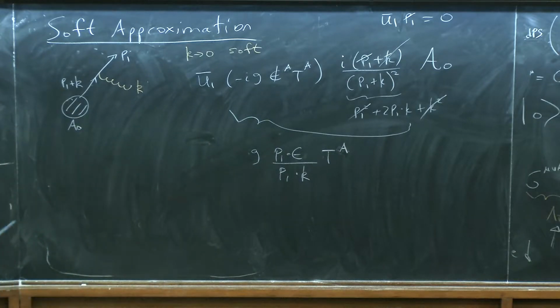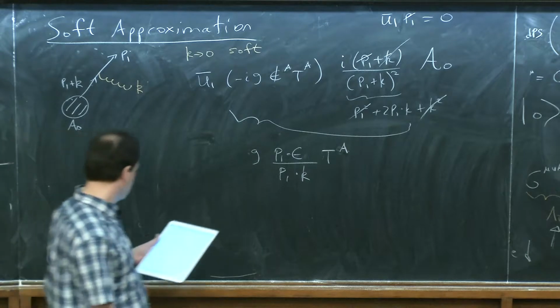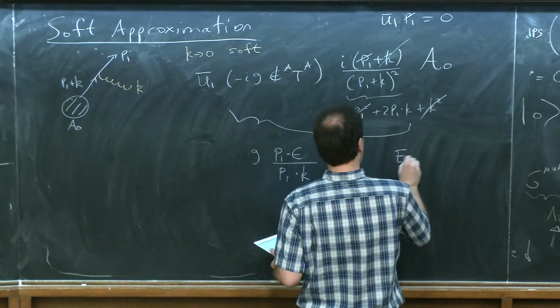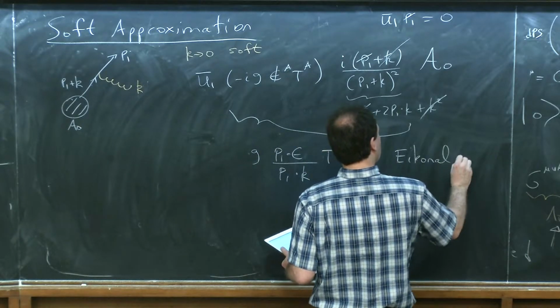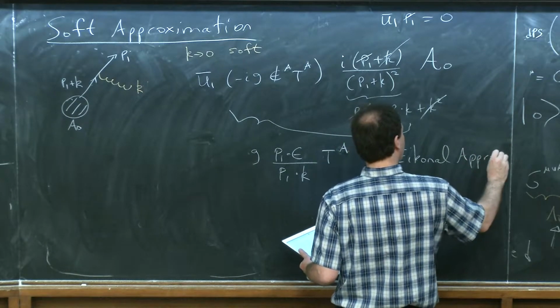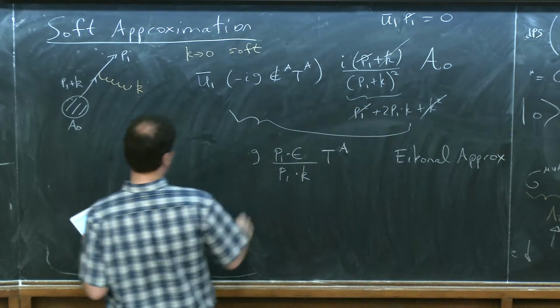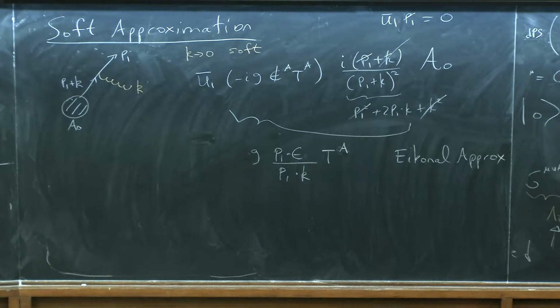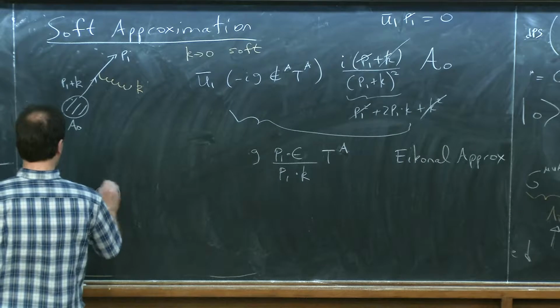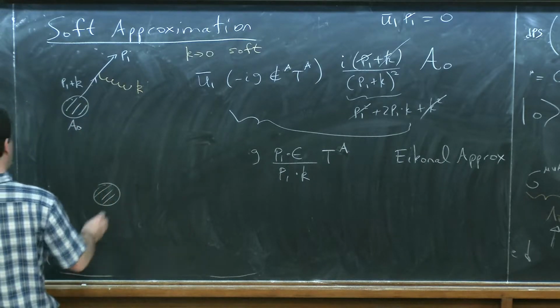That approximation is the result of the soft approximation. It's also called the Connell approximation. The Connell approximation is given by the fact that we have these linear propagators, and that the polarization tensor is also just dotted into the P. It's a more general approximation than just this simple case here.